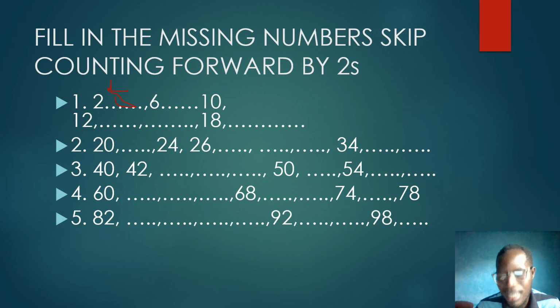That's how we add that. Then 98 plus 2, you get what? 100. So to skip count simply means addition.